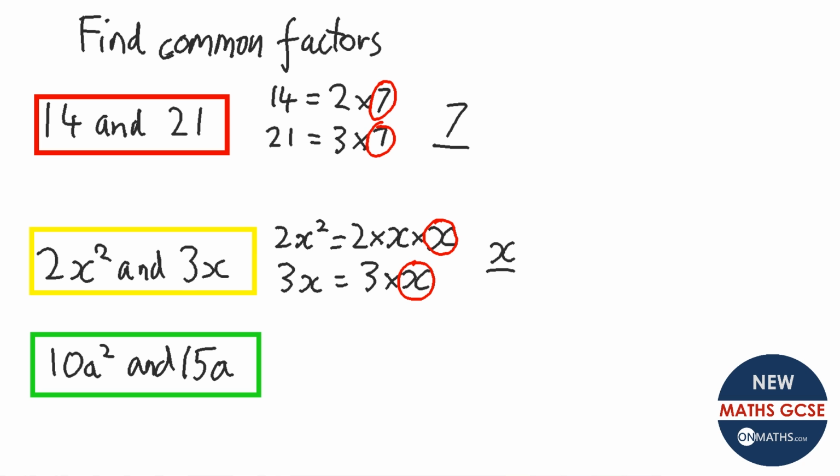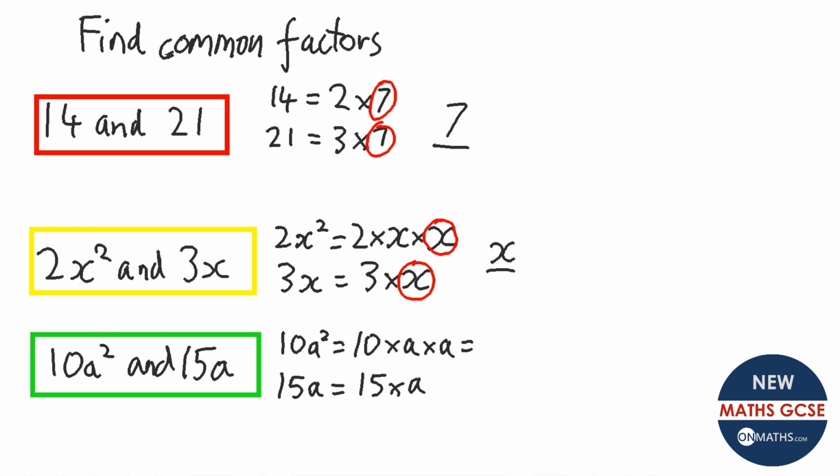And on the next one we've got 10a squared, which is 10 times a times a, and we've got 15a, which is 15 times a.